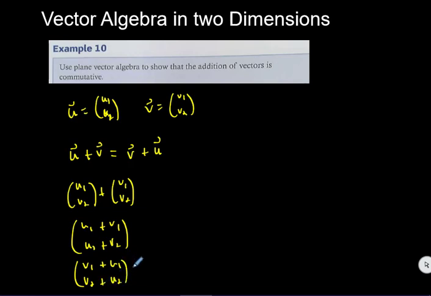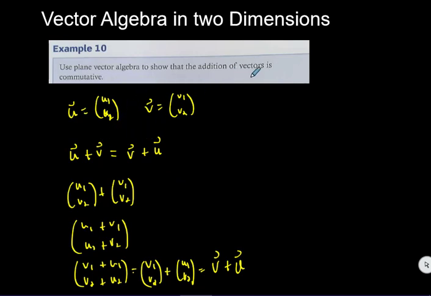Working backwards, I can represent this as the vector v sub 1, v sub 2, plus u sub 1, u sub 2. That is the vector v plus the vector u. So we've shown that vector addition is commutative.